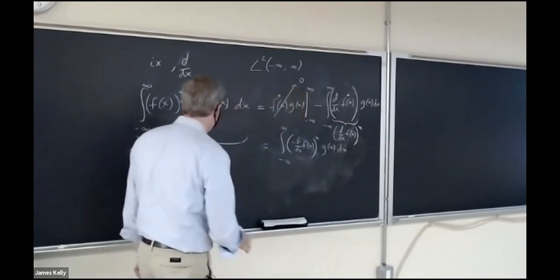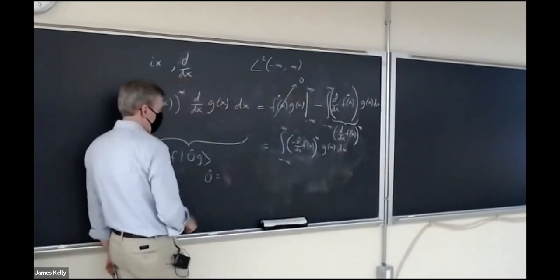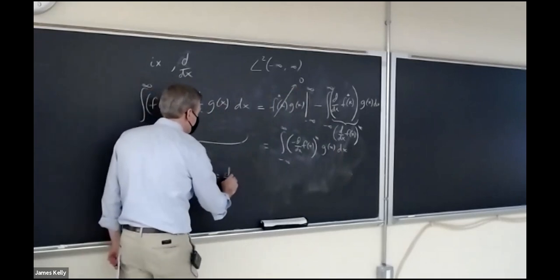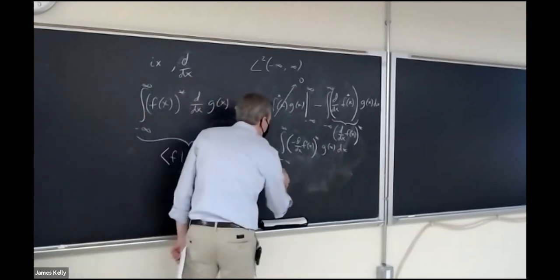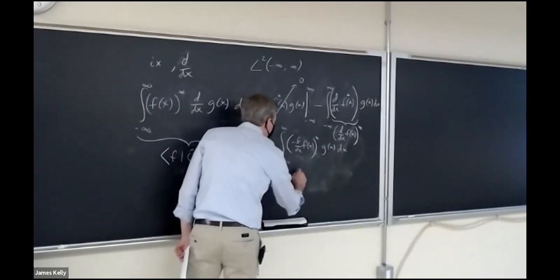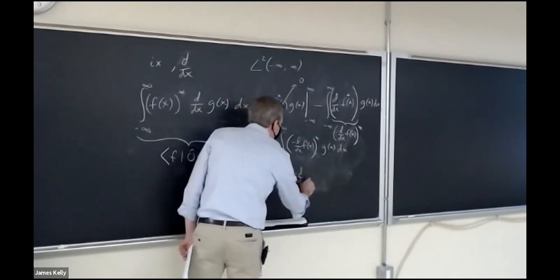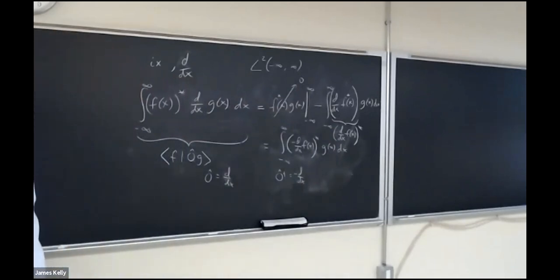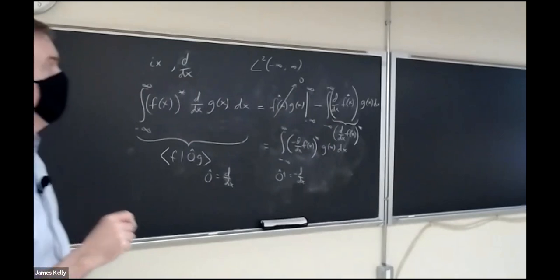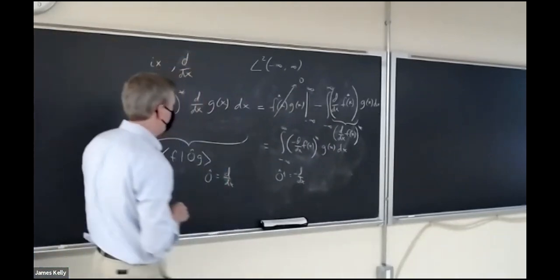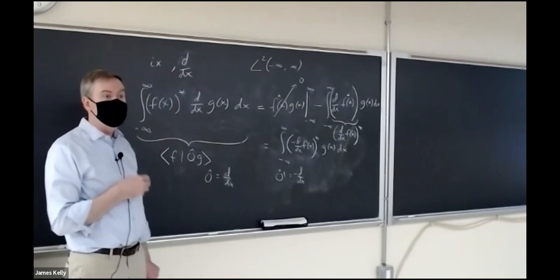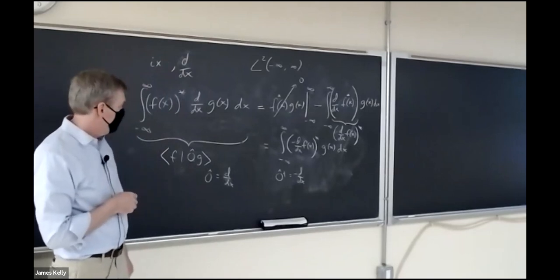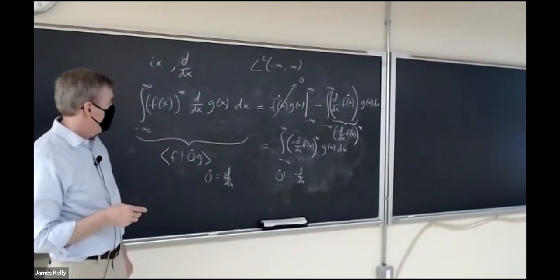And that's telling me if my original operator is d dx, my Hermitian conjugate operator is minus d dx. And therefore, again, this is not a Hermitian operator because O is not equal to O dagger. Hermitian operators are called self-adjoint operators because they're equal to their own adjoint or Hermitian conjugate.